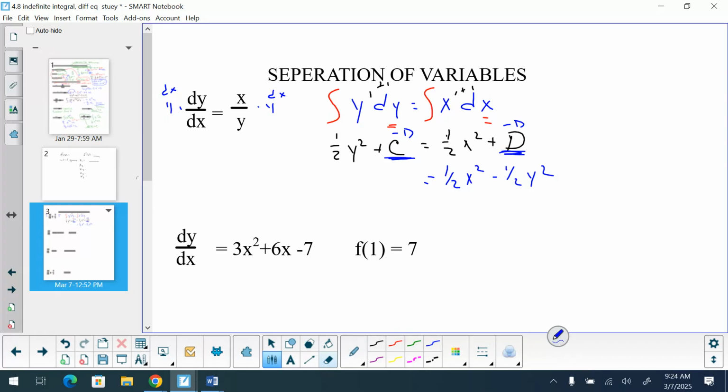So I can use any letter I want. I could use a C, an A, a B, or even a Z. I just have to symbolize it with a capital letter, as it just gives me a constant. So this C and this D could be the same or different, but what we're left with is a relationship between x and y.